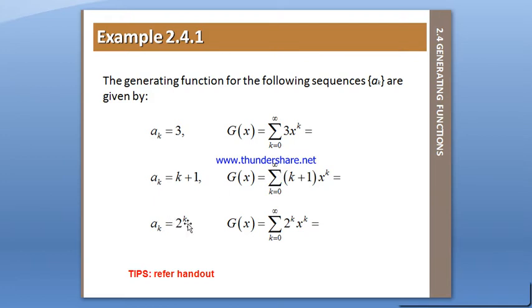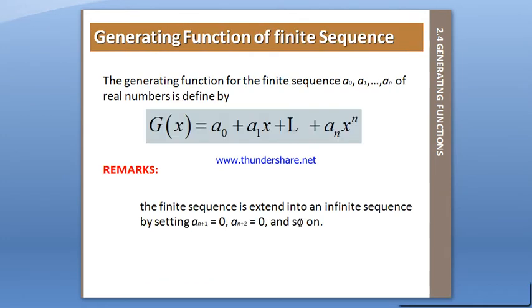Similarly, when ak is 2 power k, the generating function is summation 2 power k x power k for k equal to 0 to infinity. When each of the summations is expanded from k equal to 0, 1 and so on to infinity, whatever function results in the power series, writing the closed form of it will represent the corresponding generating function G of x for the given sequence.